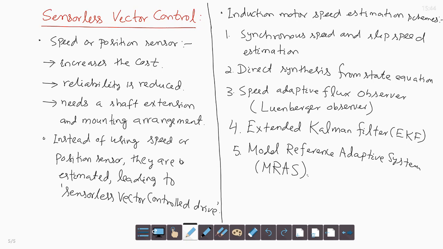So, these are the main prominently used speed estimation algorithms. Apart from them, some other options are there, like using auxiliary signal injection in the rotor circuit or using rotor saliency. So, some other schemes are there, but these 5 are the prominent speed estimation schemes. We will discuss one after the other.